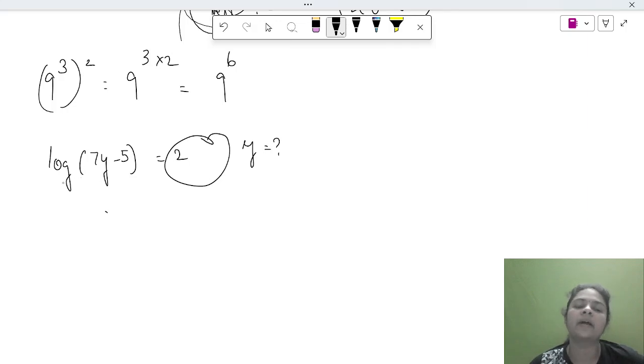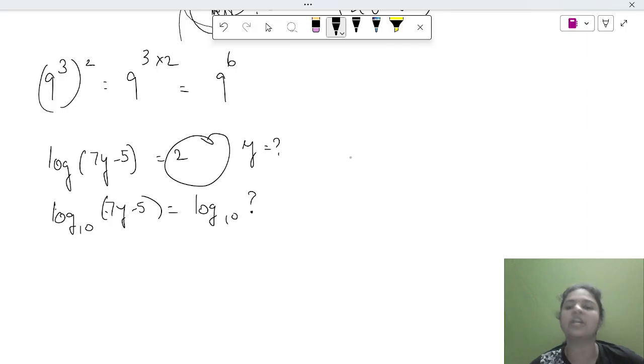Now remember, when the base is silent, what is the common base that we have to take? 10. Okay, so I am assuming log base 10, 7y minus 5 equals 2. Now how do I bring this into the logarithmic format?